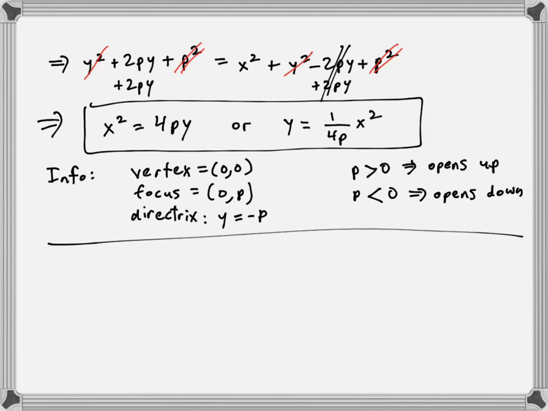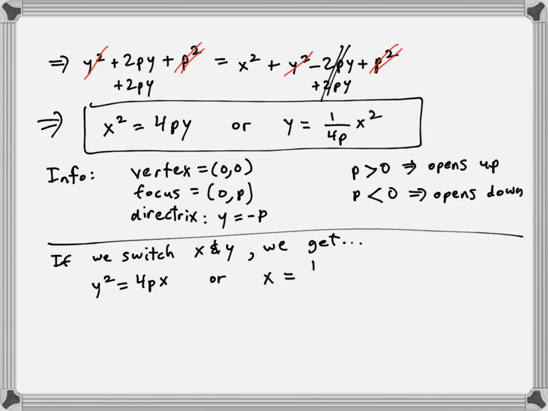If we switch x and y, we get instead y squared is equal to 4px, I apologize, or x is equal to 1 over 4p times y squared.